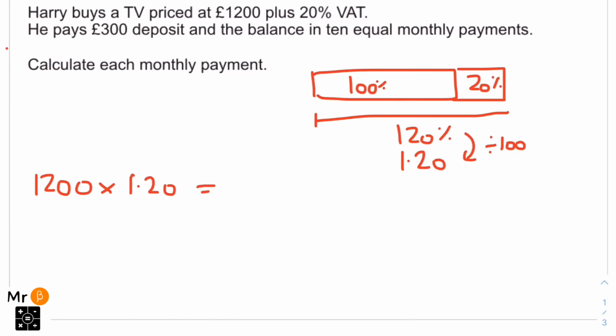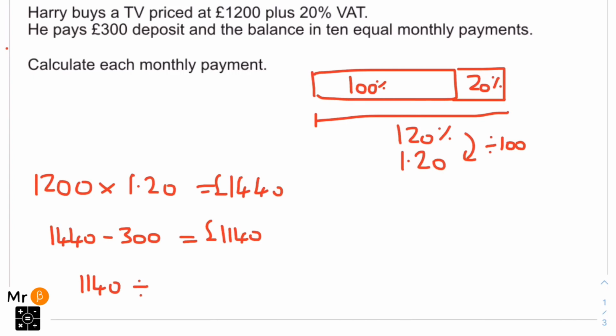And that gives us our final price of 1,440. He then pays a £300 deposit. So we need to subtract this £300 to begin with. It then tells you he separates this payment into 10 equal monthly payments. So we need to divide this amount left over by 10. That tells you how much each monthly payment is.